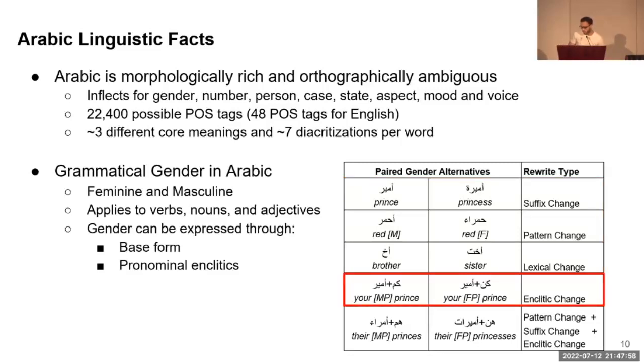Pronominal enclitics are basically suffixes that attach to words, but they refer to pronouns and they do mark gender. So in order for us to change the gender of the words, we will basically need to change those pronominal enclitics. In more complex cases, we need to do a combination of all of the above. So as you can see, this is not an easy problem, and it requires a lot of changes to the word, basically.